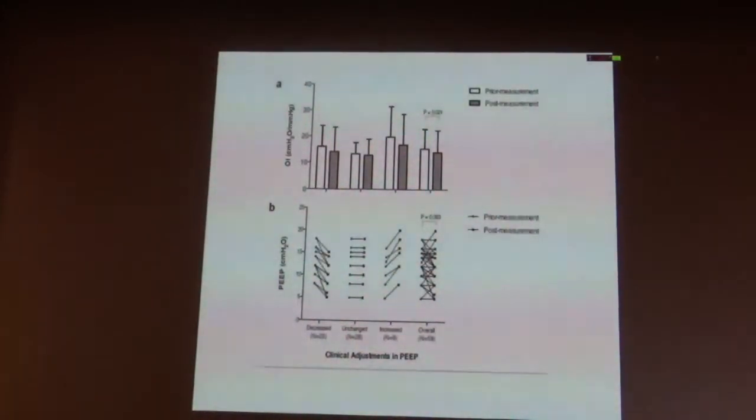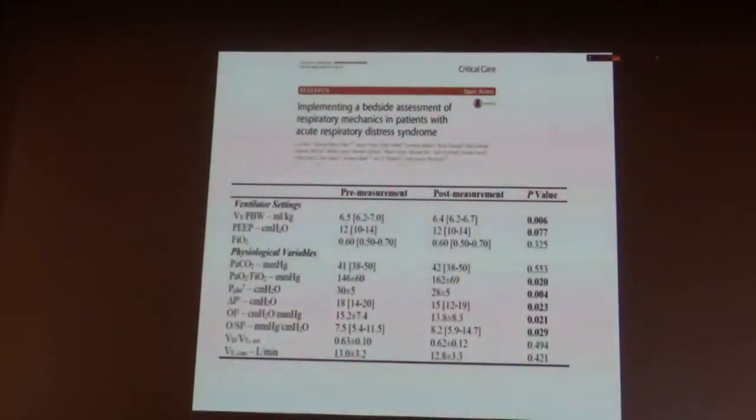What's interesting was that the oxygenation index, which uses both the oxygenation and the mean airway pressure, was significantly improved in all situations where we changed the PEEP, either decreased or increased.